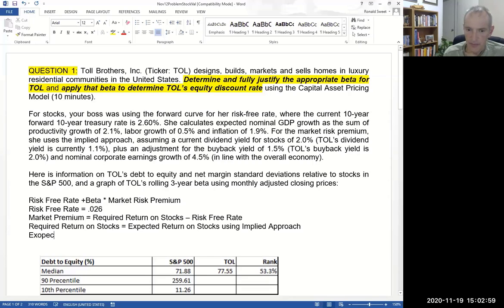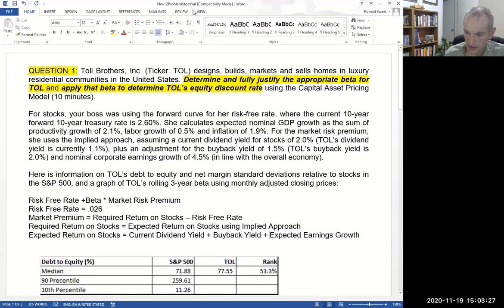The expected return on stocks equals the current dividend yield plus expected earnings growth. And sometimes I do like to put in the buyback yield.